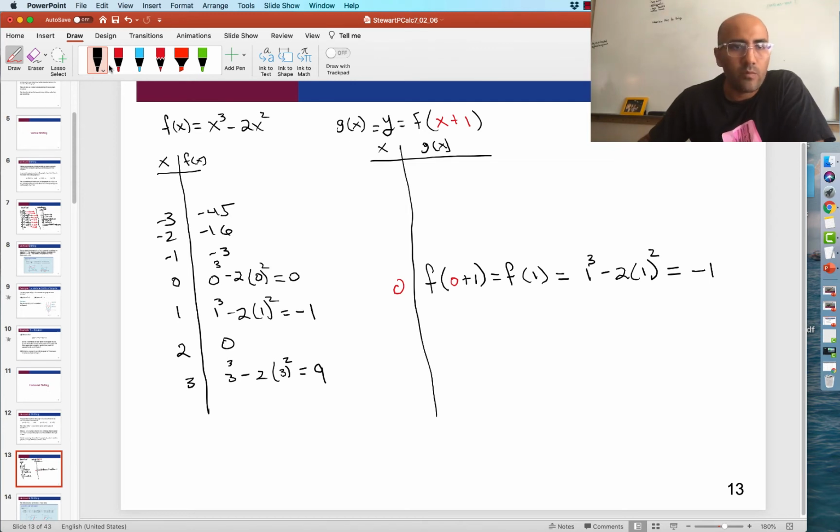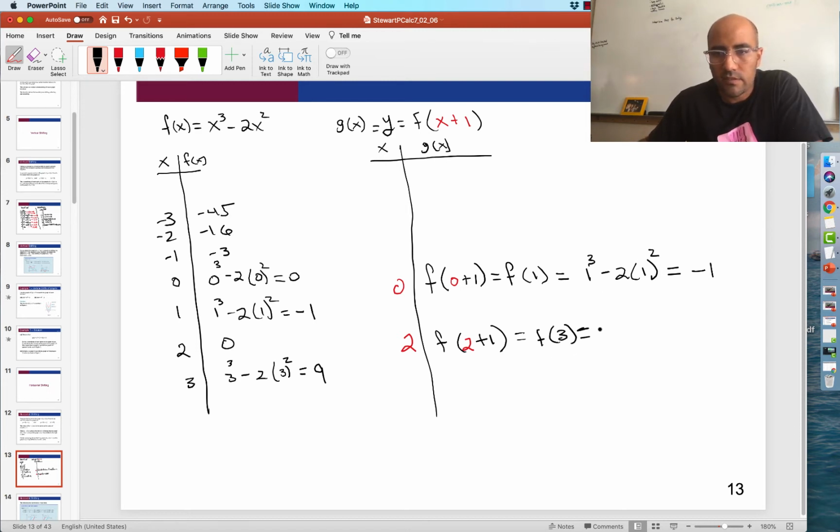Okay, when we type in 2, then this is the same thing as f of 2 plus 1, which is f of 3.